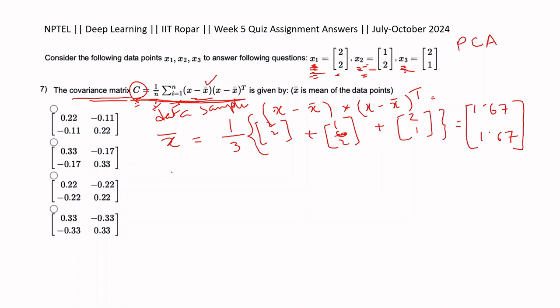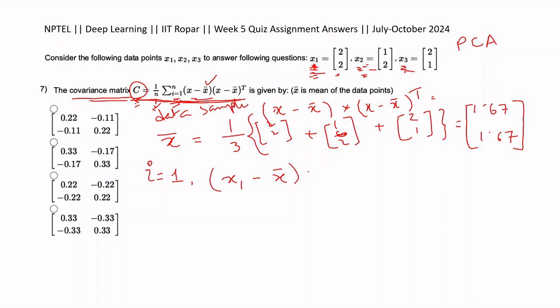Now for i equal to 1, the sample number 1, because I will do the summation from i equal to 1 to n, right? n is equal to 3, there are 3 samples. For i equal to 1, first I will calculate the first sample subtracted by the mean of all the samples.